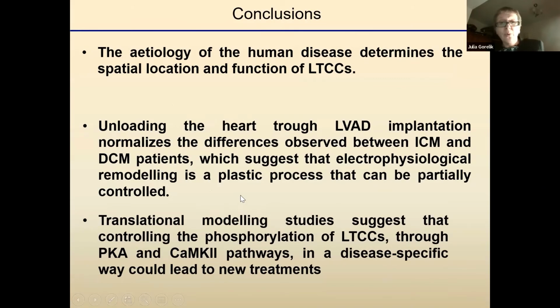And also important, translational modeling study suggests that controlling the phosphorylation of LTCC through the PKA CAM kinase pathway in a disease-specific way could lead to new treatments.